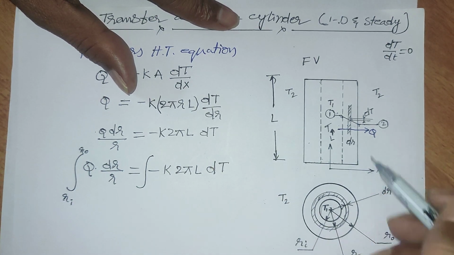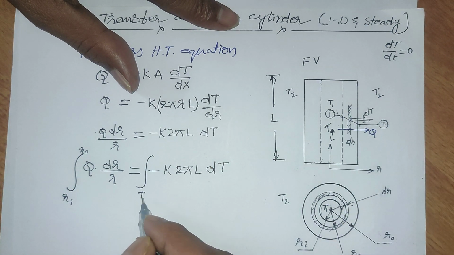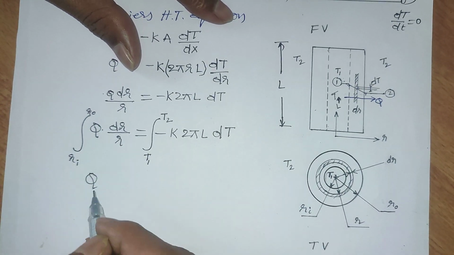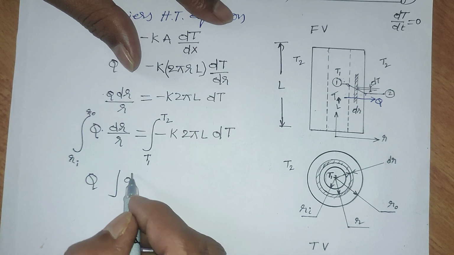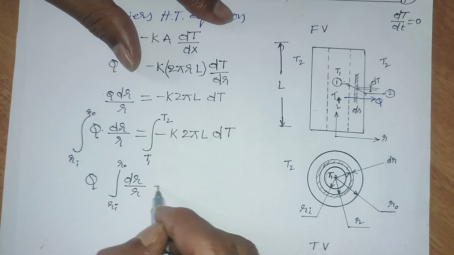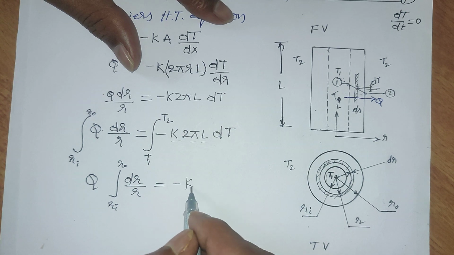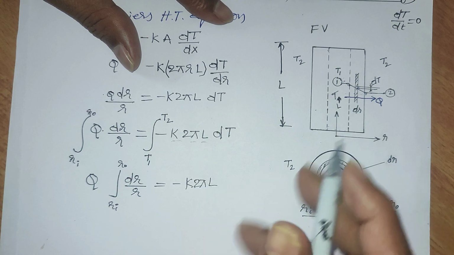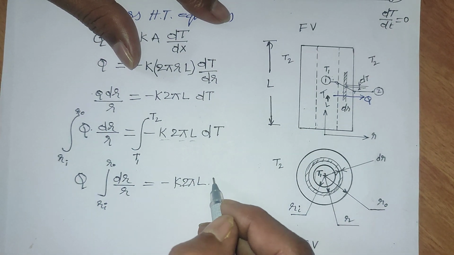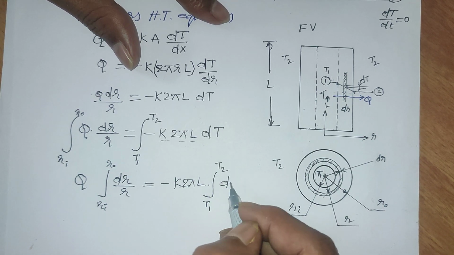So temperature is varying between T1 to T2. These are the limits. Q is the constant, so Q integral dr by r from ri to r naught is equivalent to minus k 2 pi L, which is also constant, L is not variable, the length of the cylinder, integral T1 to T2 dt.